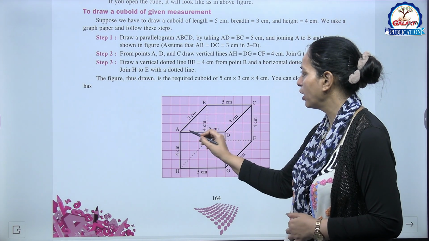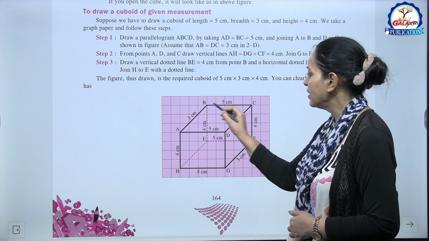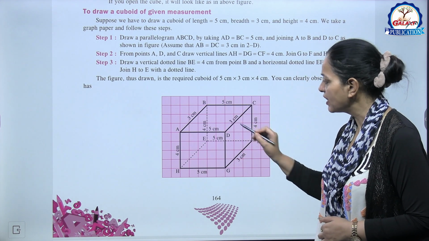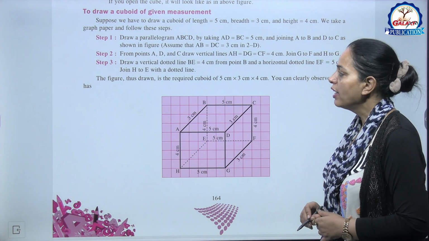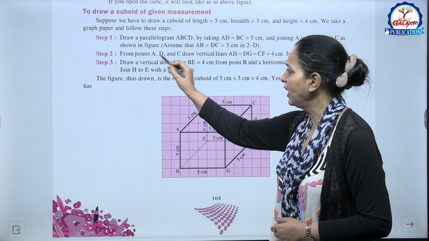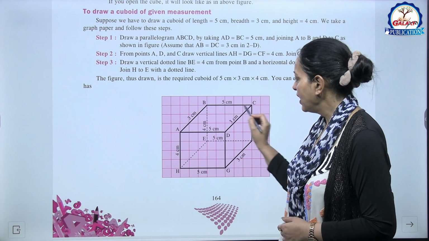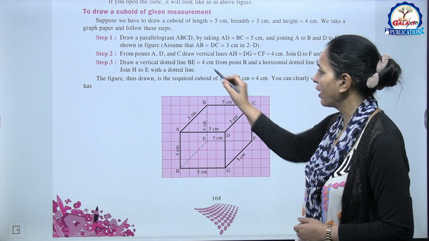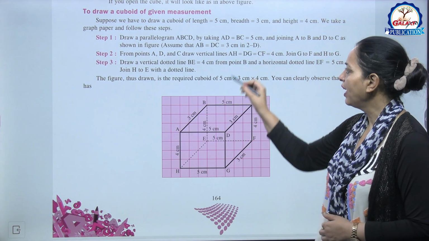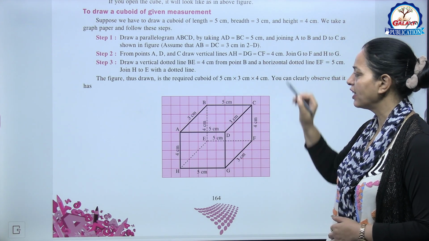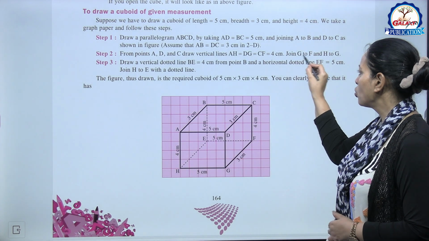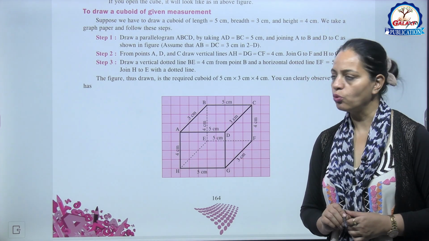So here we are taking a parallelogram ABCD in which the length is 5 and this is 3 cm. Okay. Now step 2: from points A, D and C we take vertical lines AH, DG and CF, that is 4 centimeter. Join G to F and H to G.